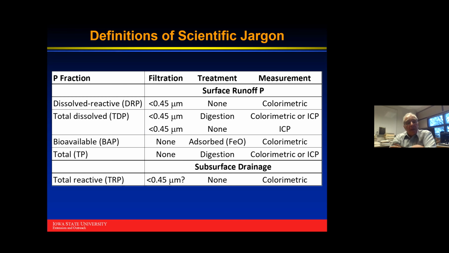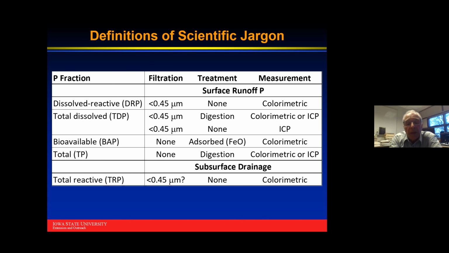Then we have bioavailable P. I'm not going to show too much about this, but this is essentially the classic Sharpley method with a filter paper impregnated with iron oxide, which measures the dissolved orthophosphate P, but because there is an agitation for many hours, I think it's 17 hours, it also measures other forms of dissolved P that are released during that long time of agitation.